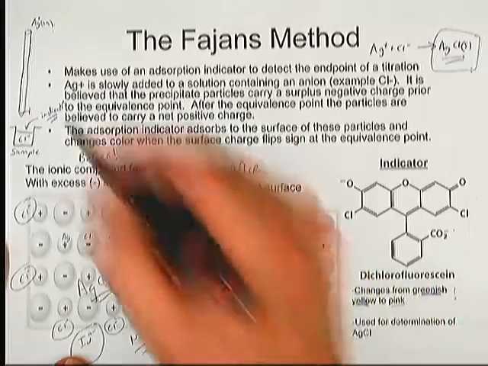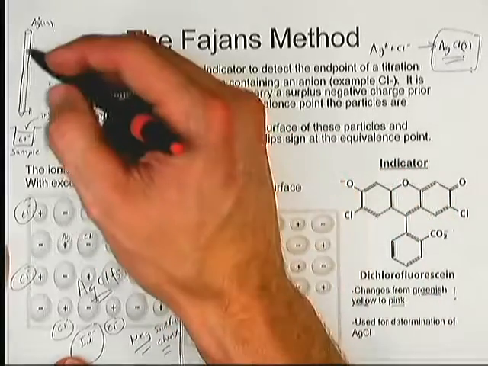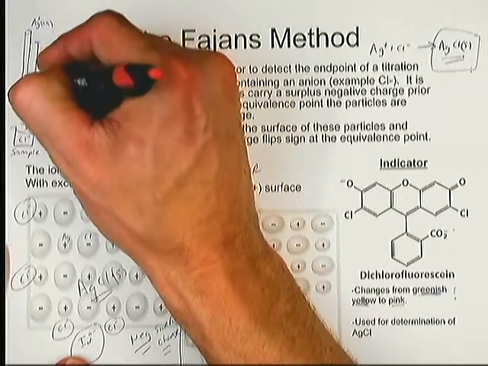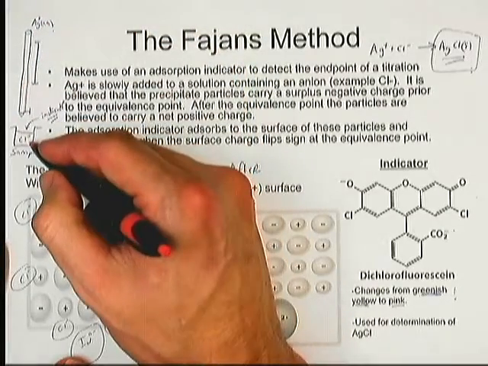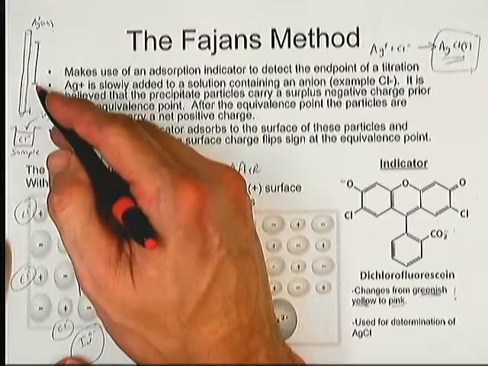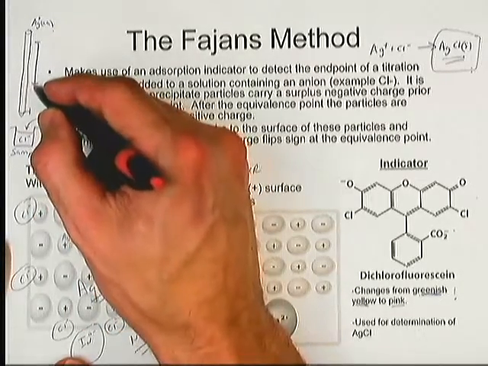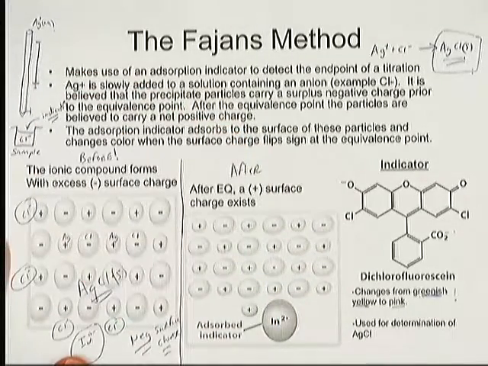Now, after the equivalence point, a different situation exists. After the equivalence point, I will have added enough silver to titrate all of my chloride ion. And in fact, after the equivalence point, I'll add a little bit of excess. Again, that's titration error, but I over-titrate ever so slightly. If that's the case, now I've got too much silver plus 1 ion.